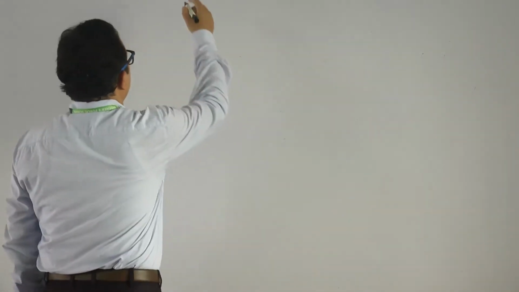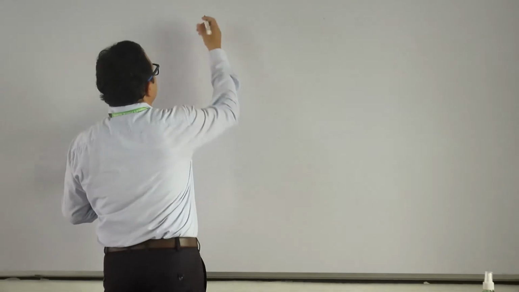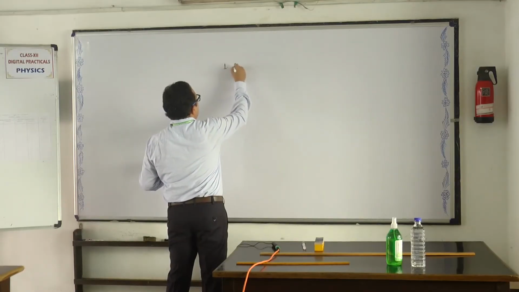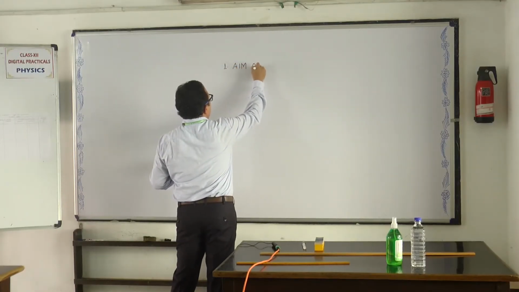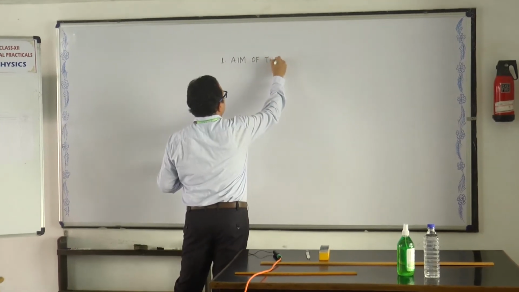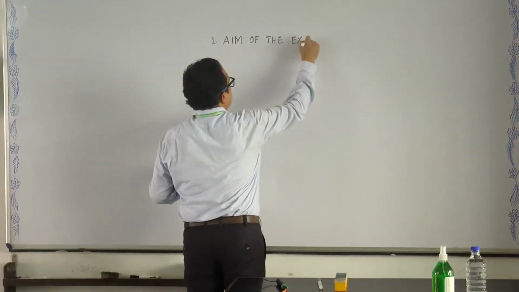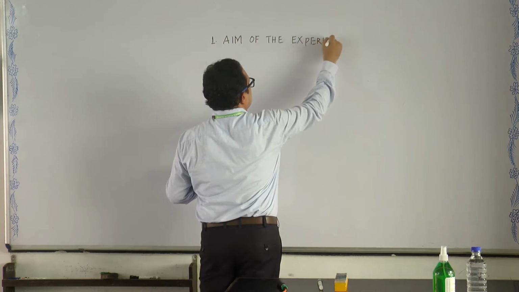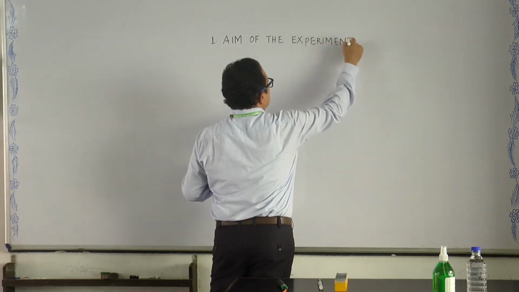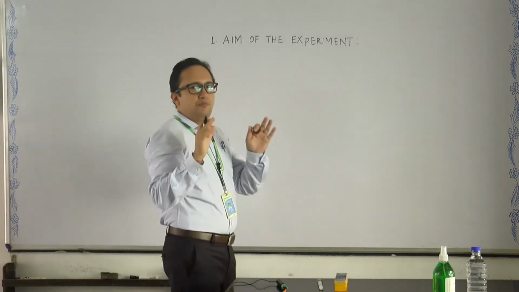So what are the things that we need to have in our practical? First, we need to ensure that we have the aim of the experiment, because this is the most important thing.